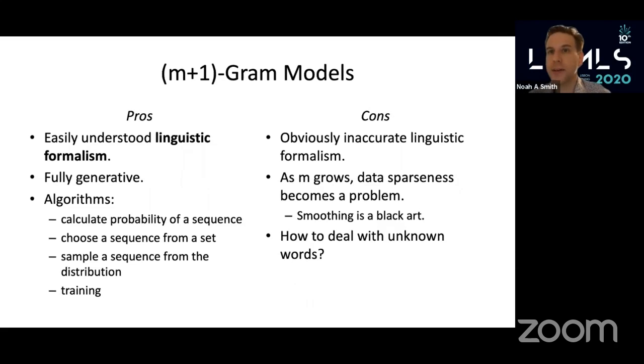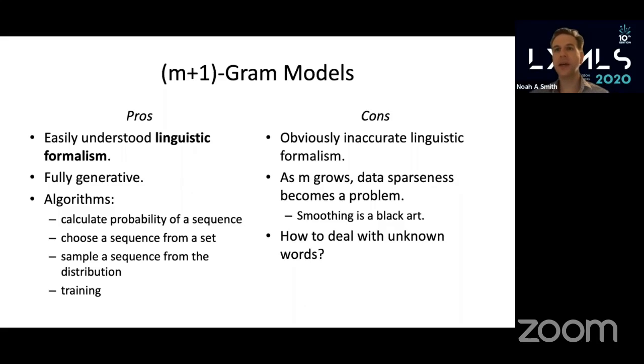Each word is generated, conditioned on its history in turn. The model is fully generative. As we'll see in a minute, it's very easy to generate new sequences like I did at the end of the last slice of the lecture. We'll talk through several algorithms for useful things you'd like to do with these models, and we'll find that each one is incredibly simple and intuitive.